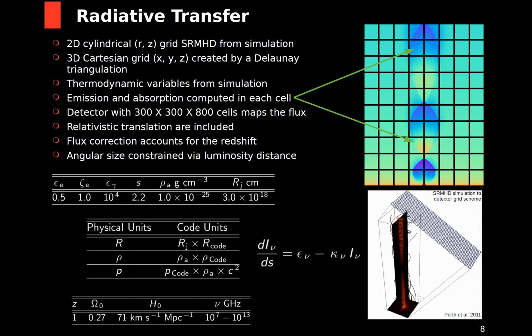So ds then becomes every cell, so jet length. We compute emission and absorption in each cell, and all of the flux corrections are accounted for, luminosity distance. And then we start going from code units to real physical units. These we can change, but of course we try to be realistic.